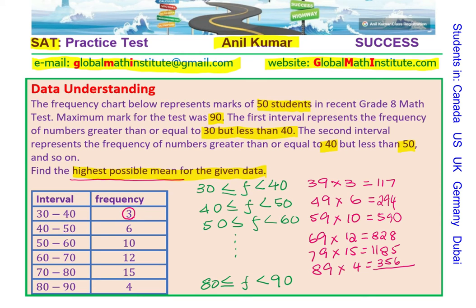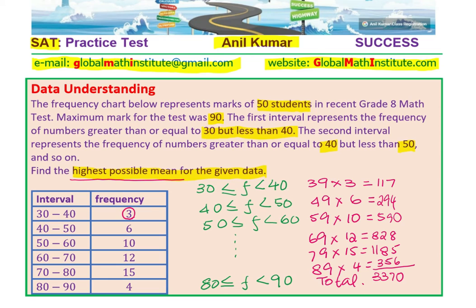Now we add all these marks: 117 plus 294 plus 590 plus 828 plus 1185 plus 356 equals 3370. That is the total maximum marks which can be obtained from the given data.